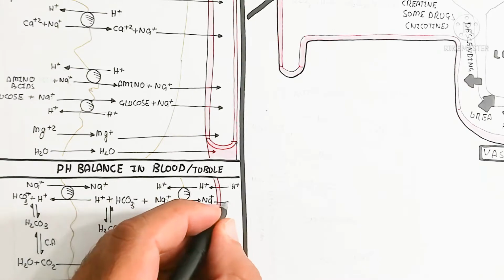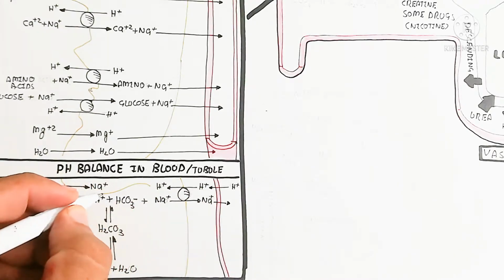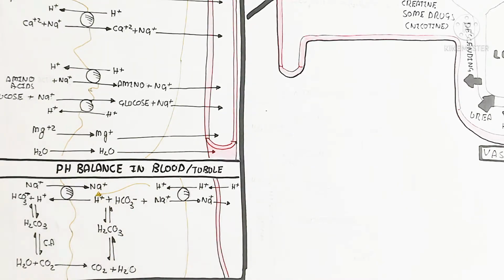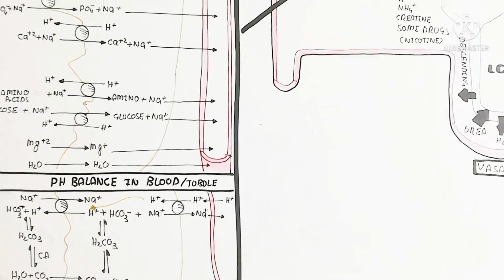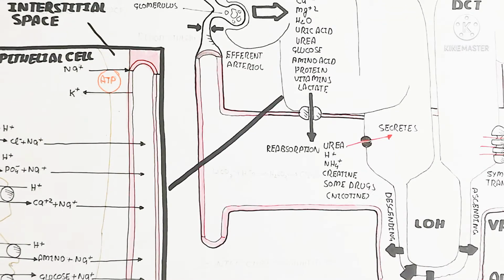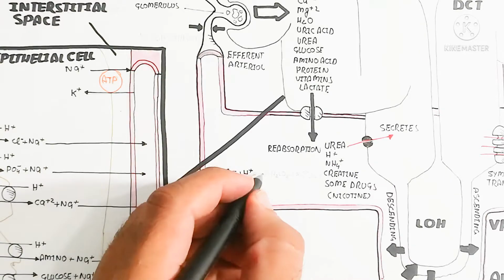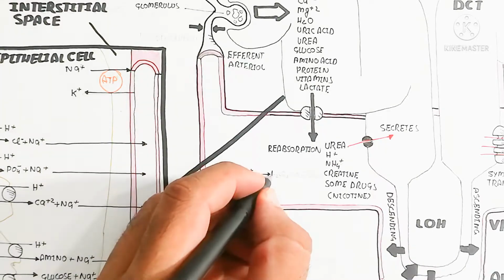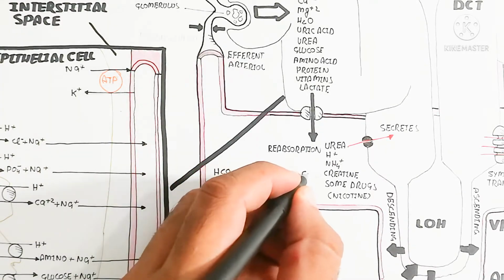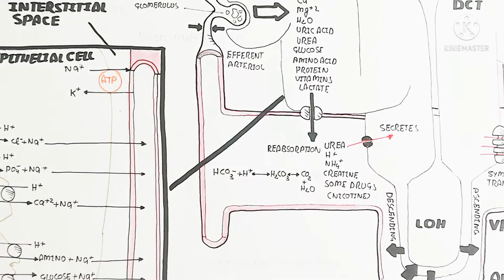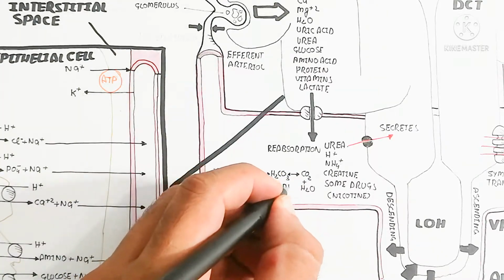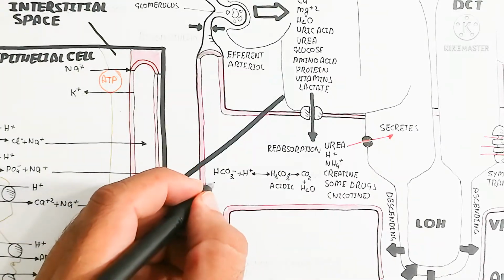The same mechanism is present in the epithelial cell as well as the blood. In this way, the acid-base balance is maintained in the blood, the collecting duct, and the lumen of the nephron. So let's understand why, because the bladder must remain at a normal pH.